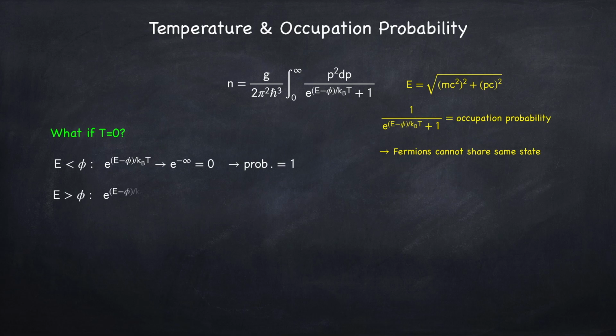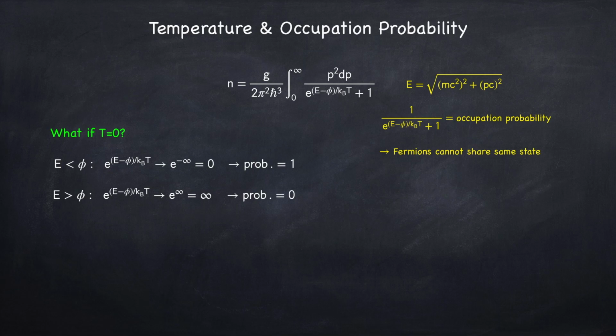If, on the other hand, the energy is greater than the chemical potential, then the exponent will be positive, and as T goes to 0, you'll go to positive infinity, and e to the positive infinity is infinity. Now this is the denominator of the occupation probability, so 1 over infinity is 0, so the probability of a state being occupied in this case will be 0.